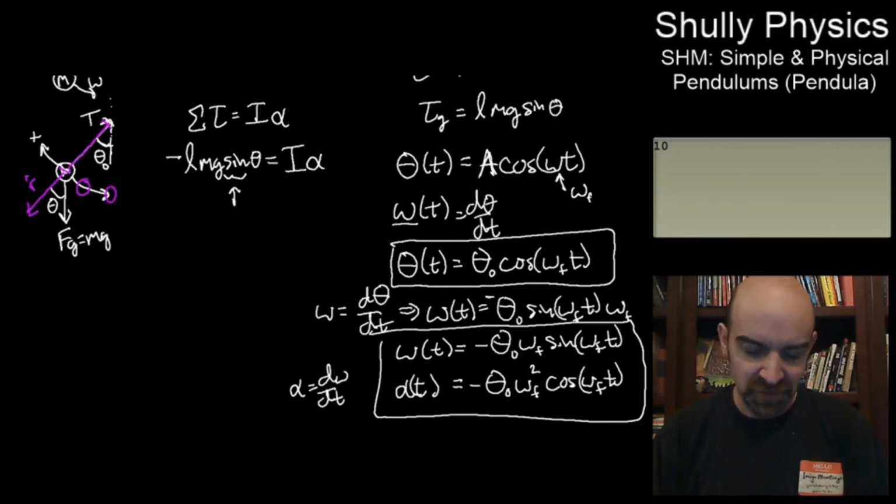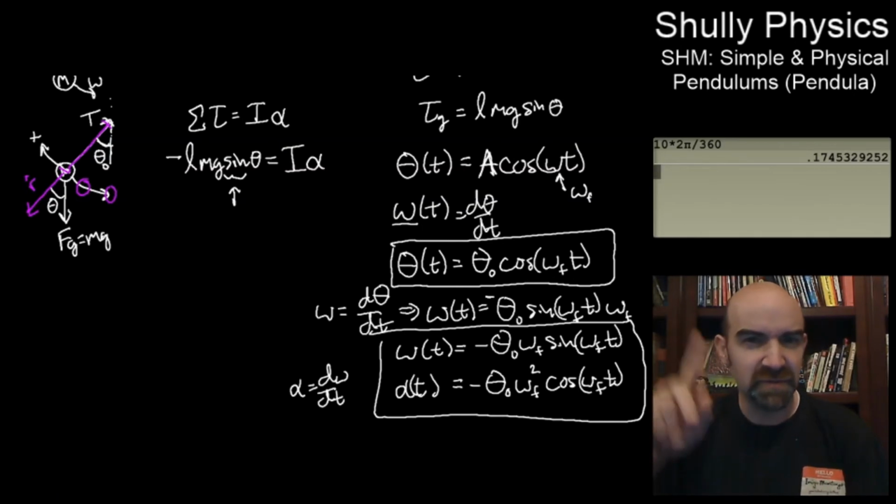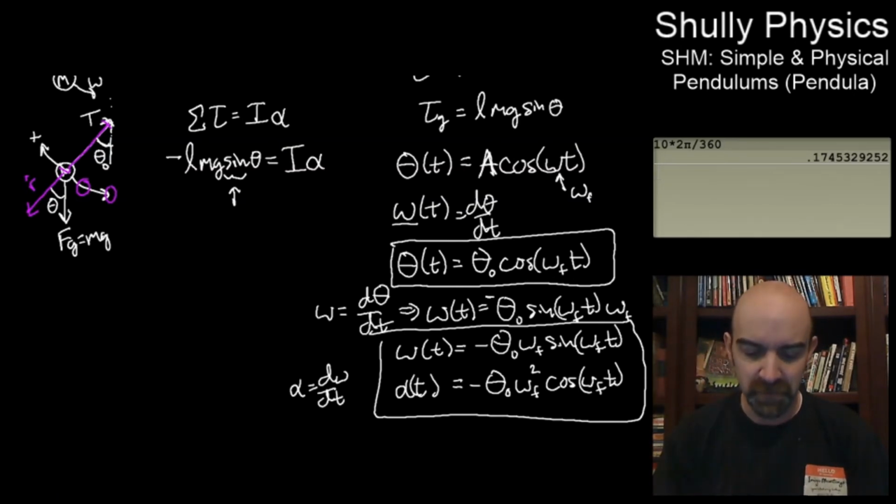If I multiply 10 degrees by 2 pi radians divided by 360 degrees, a conversion factor, that corresponds to about 0.174 radians. So 10 degrees is about 0.17 radians. I'm going to keep that as an idea for a small angle radian amount.